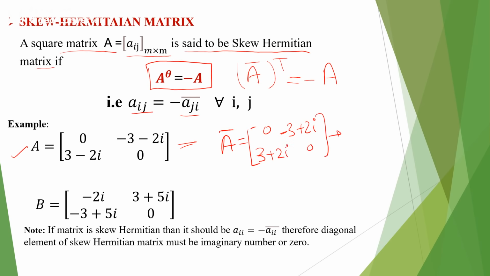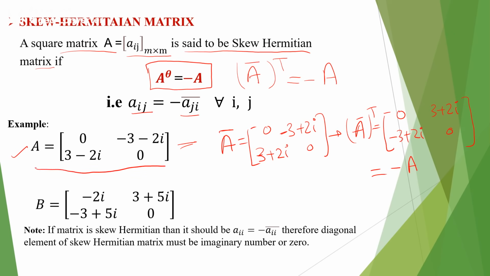Then we take the transpose of that matrix. So we get 0, minus 3 plus 2 iota and 3 plus 2 iota, 0. So we get minus A. So that matrix is a skew Hermitian matrix.